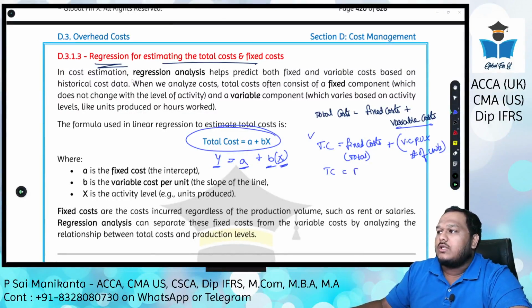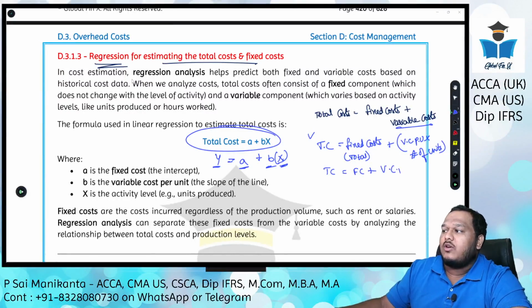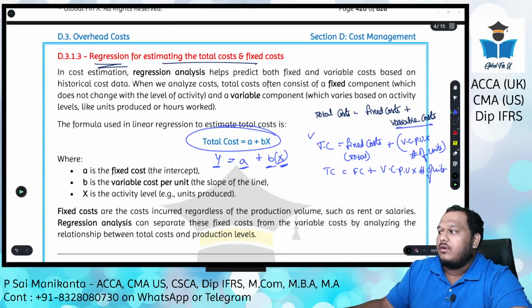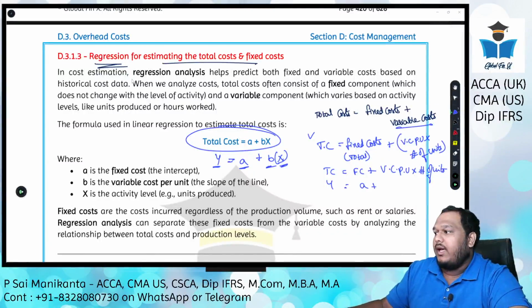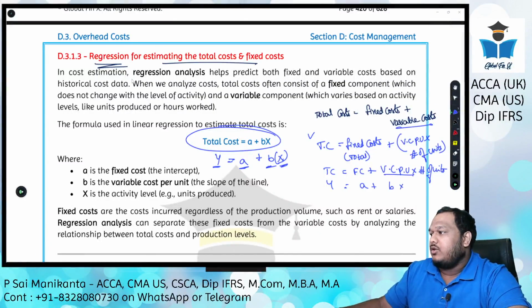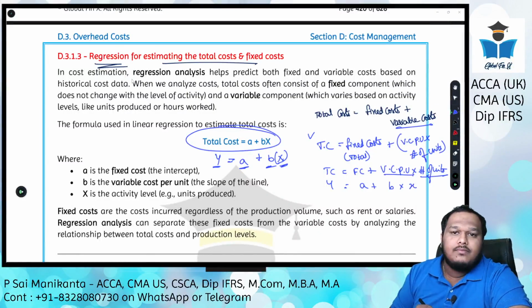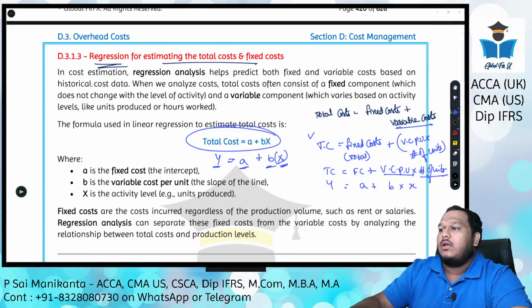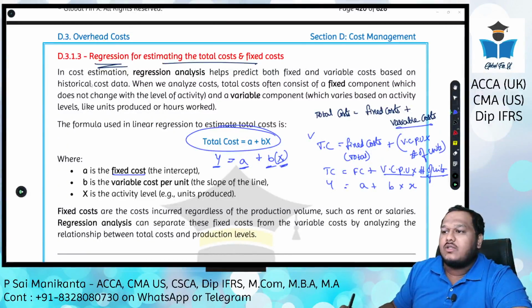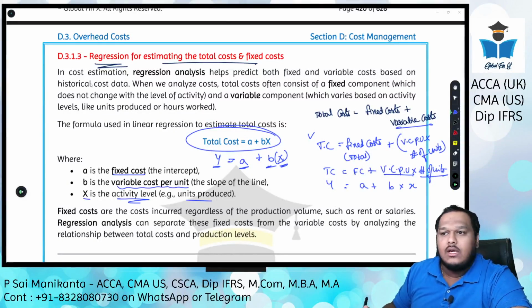Y is equal to a plus b into x. A is called the fixed cost, b is called the variable cost per unit, x is the activity level, number of units produced.